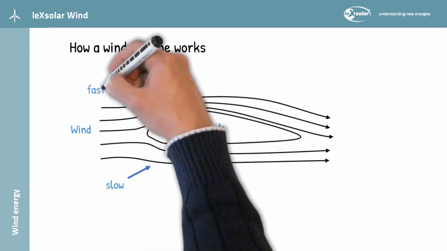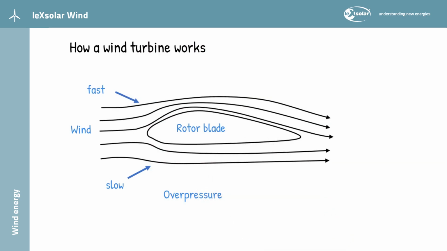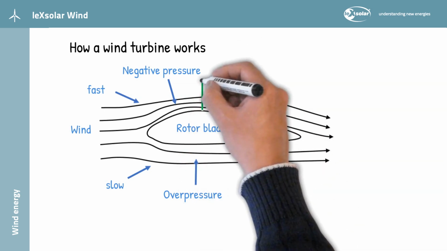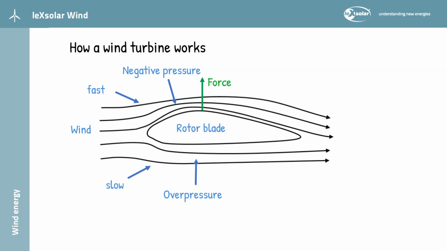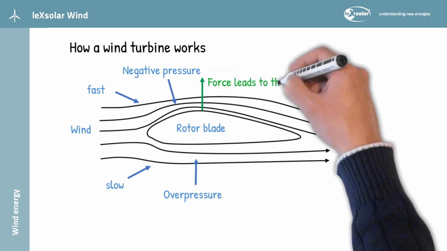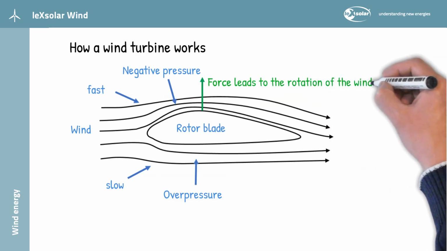This creates positive pressure below the airfoil and negative pressure above. The positive overpressure pushes the wing upwards and the underpressure also pulls the wing upwards. The resulting force thus acts upwards. In the case of rotor blades, this force acts in the direction of rotation in each case and generates a torque that drives the wind turbine.